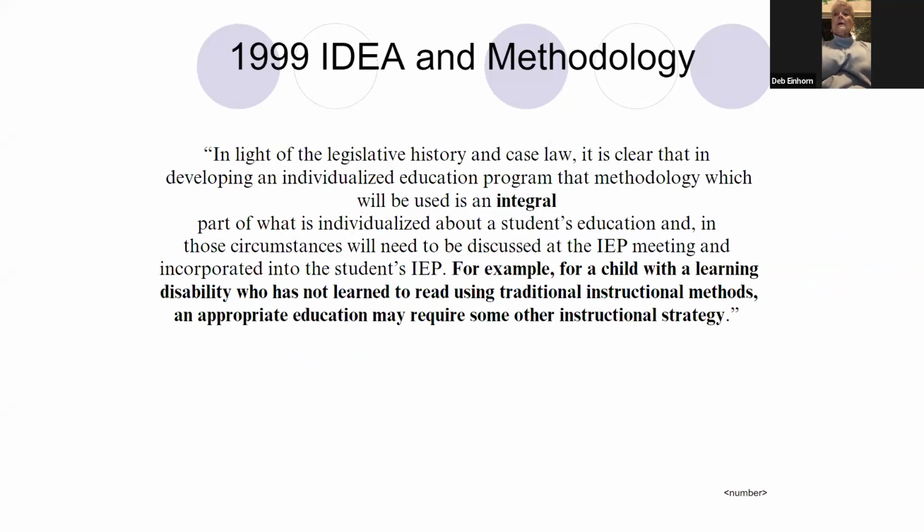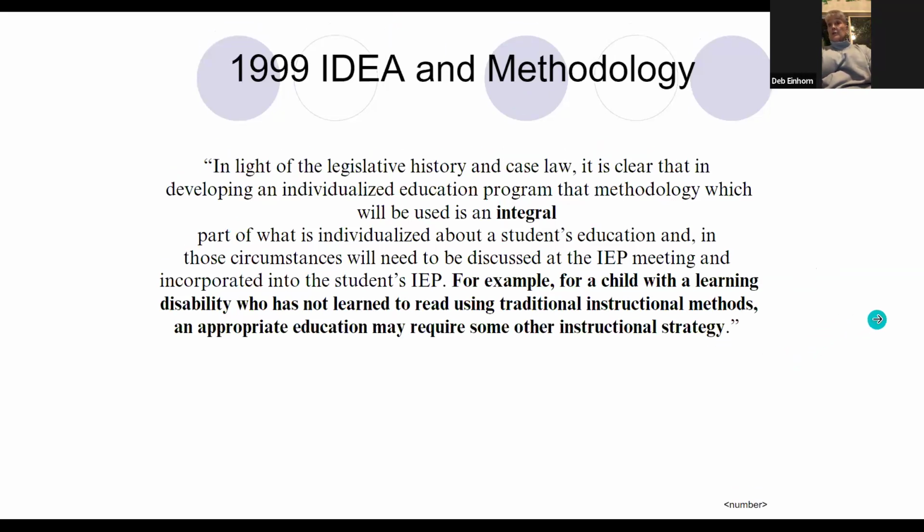So, for example, a child with a learning disability who has not learned to read using traditional instructional methods might need an appropriate education. An appropriate education may require some other instructional strategy.